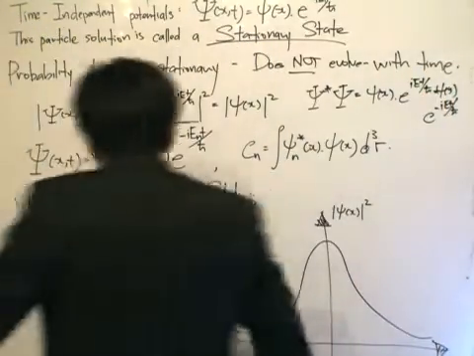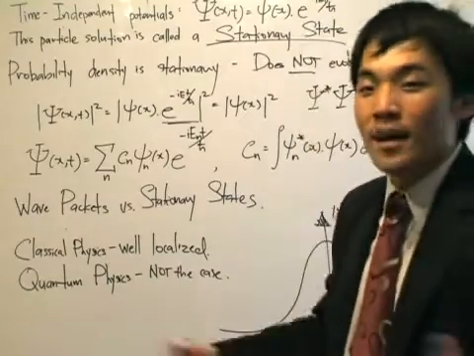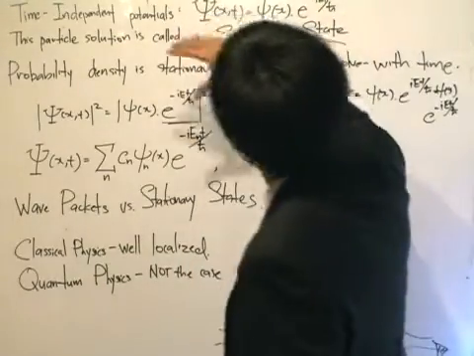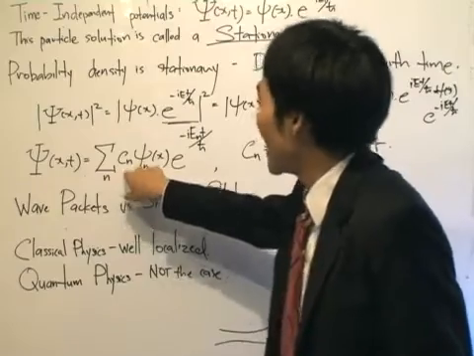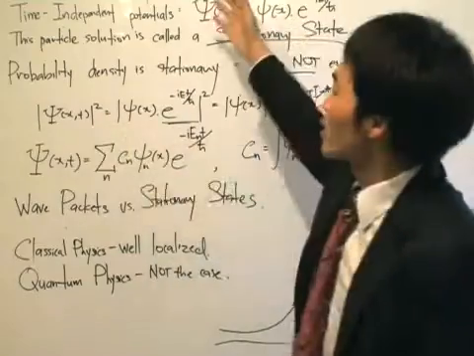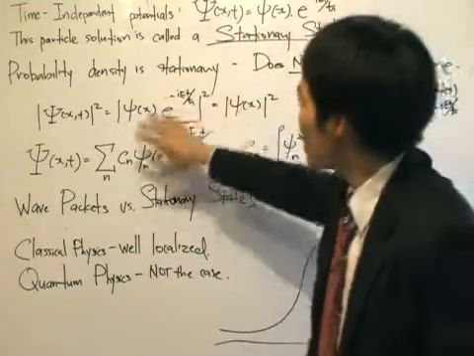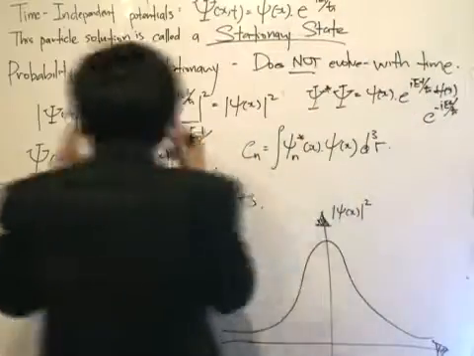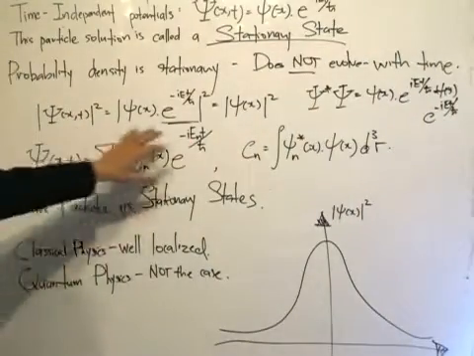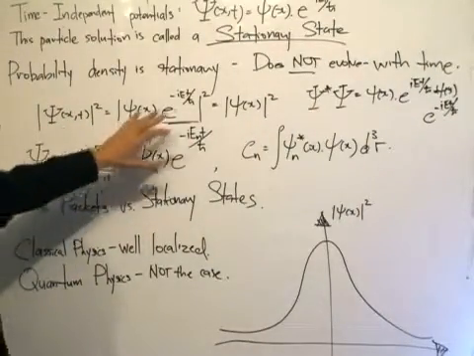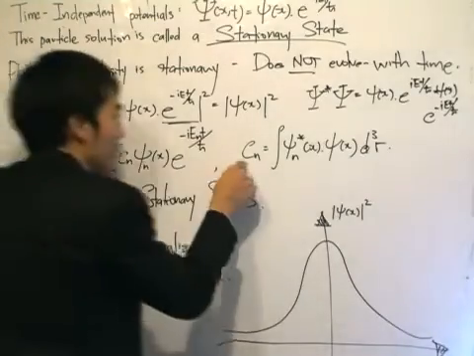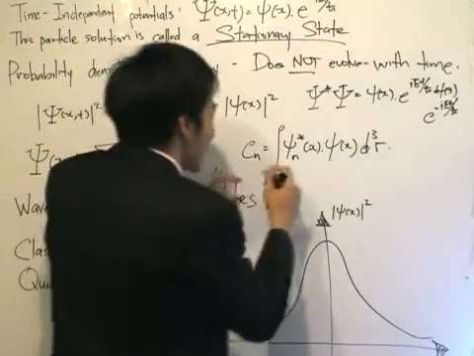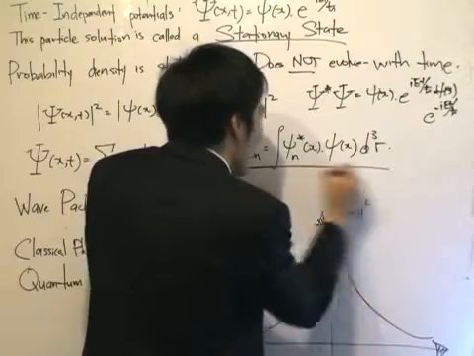In the more general case, based on the principle of superposition, which many of you should know, we can superimpose various solutions, multiply them by constants, and they are also solutions to the Schrödinger equation. So we are still allowed to superimpose the solutions, multiply them by a constant, and add them up. The constant c_n is given by this expression, which many of you may not know.